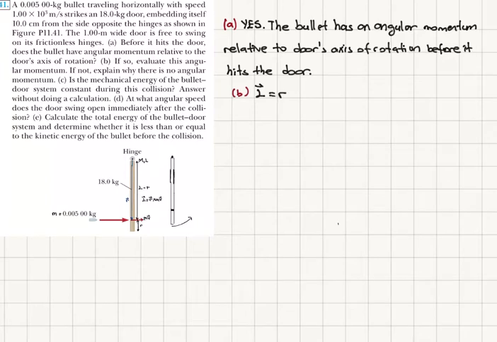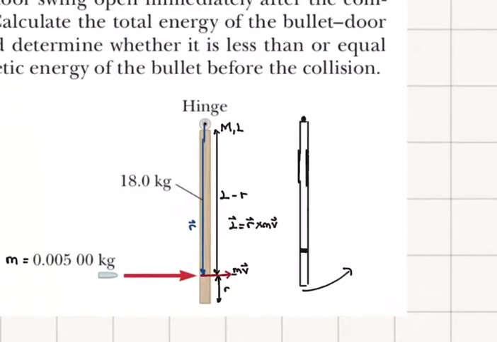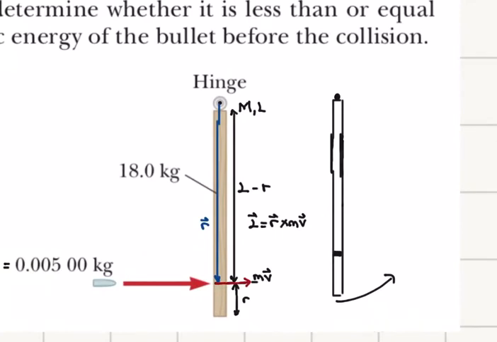And part B is asking me how much is that angular momentum. Well, the angular momentum L is equal to r cross mv.